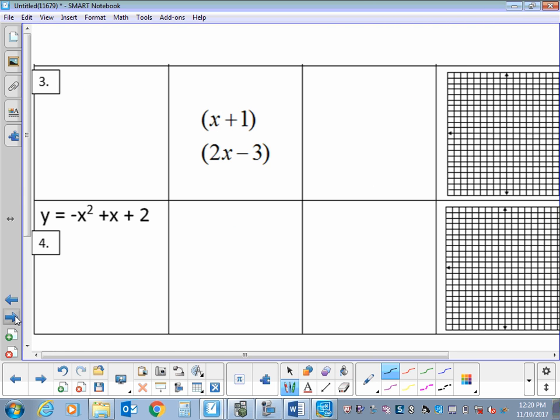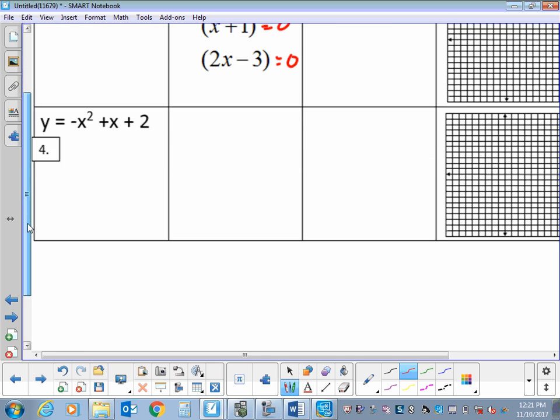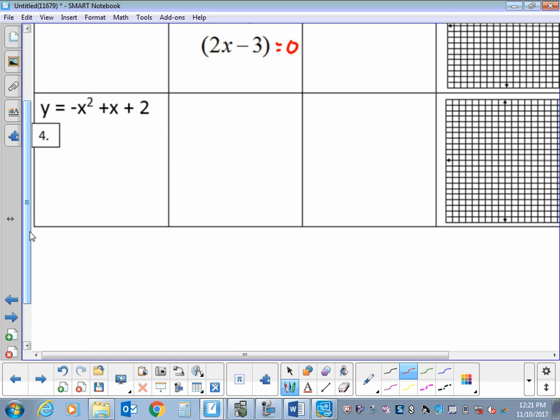All right, number 3. This one looks a little weird. They gave me my factor. How do I go from factor to 0? My x is going to equal what? 0, negative 1. So that's for the first one. All I'm doing is making these equal to 0 to go from factor to zero. So 2x minus 3 equals 0.